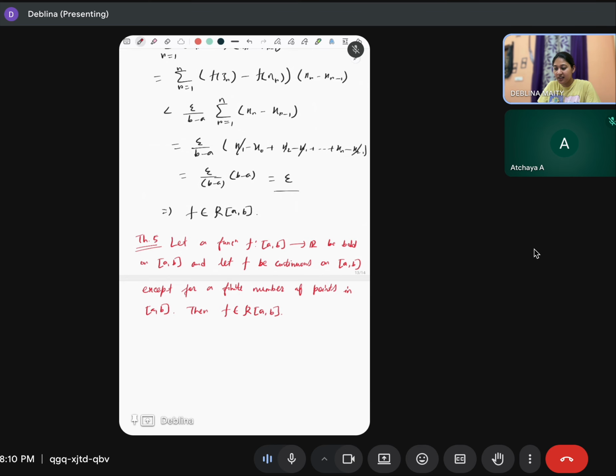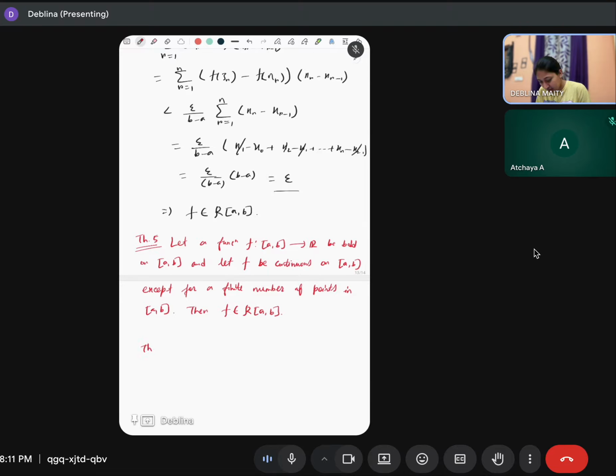So this theorem says f need not be a continuous function, but it is piecewise continuous. It is continuous except for some finite number of points in that interval, then also f is Riemann integrable.